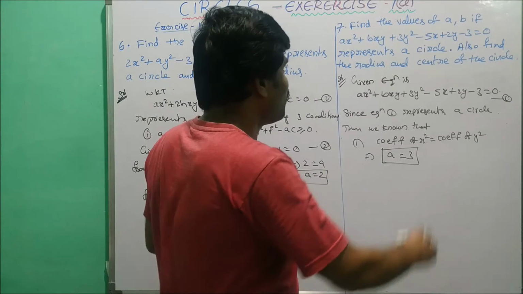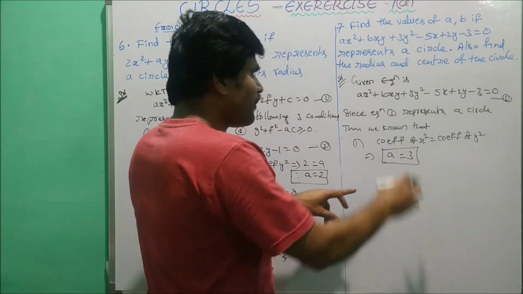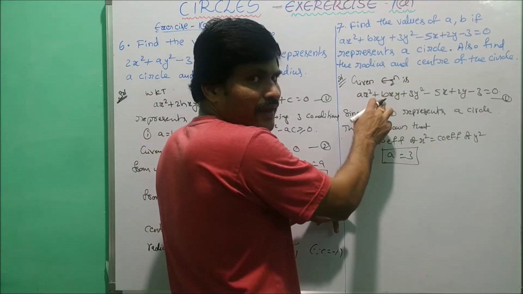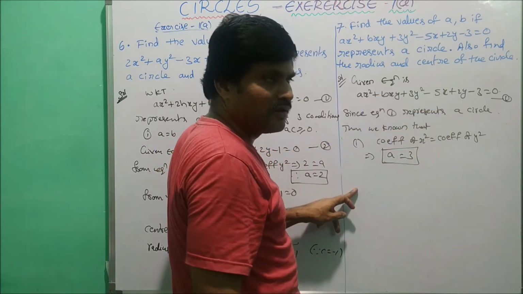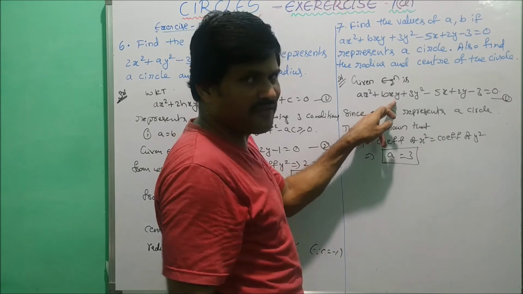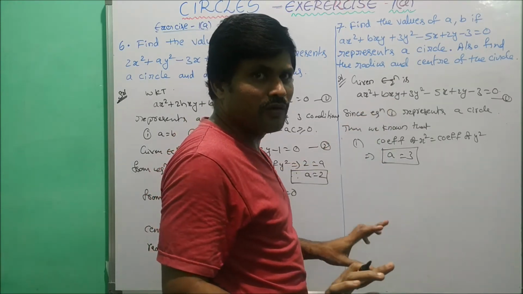And also to find the value of b, here we observe the coefficient of xy equals b. But equation 1 represents a circle, so clearly we know that the coefficient of xy equals 0.